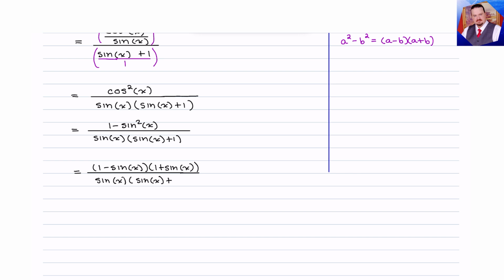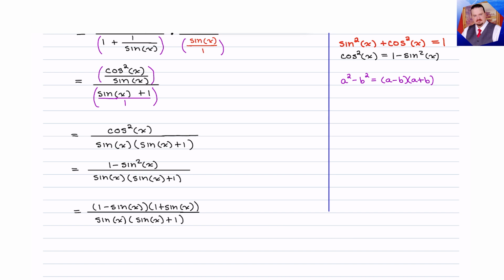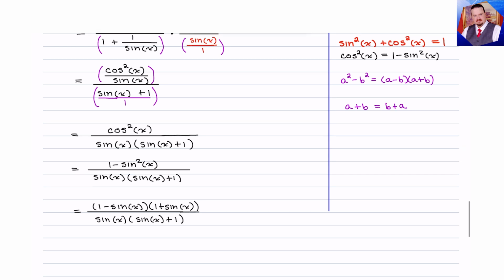And now, if you're looking ahead, these aren't written identically, but remember, 1 plus sine x is equal to sine x plus 1. Saying it back in the old algebraic days, addition is commutative. A plus b is b plus a, and we certainly know that.